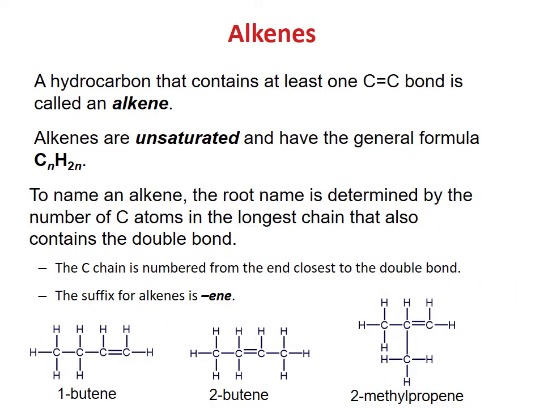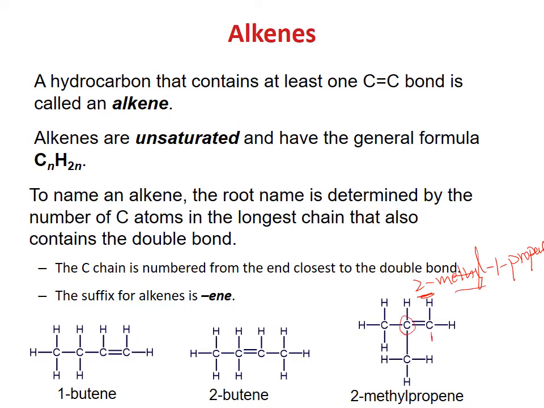In the last molecule, the number 1 carbon has a double bond, so the full name can be written 2-methyl-1-propene. This number 2 tells you the methyl group is at the number 2 carbon.